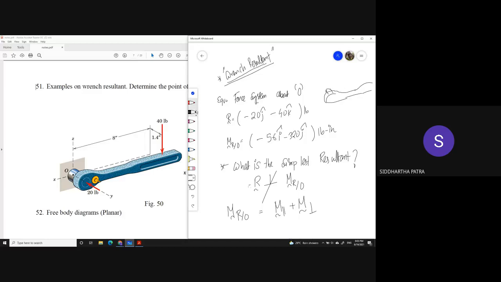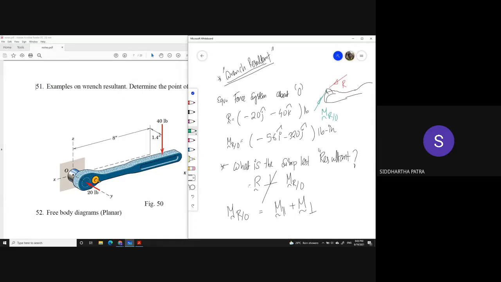At O you are showing that there is a resultant force R. It is going to look something like this. This is your resultant force, and then the resultant moment is minus i and minus j. So it is going to look something like this.